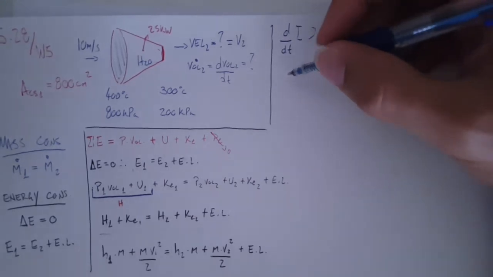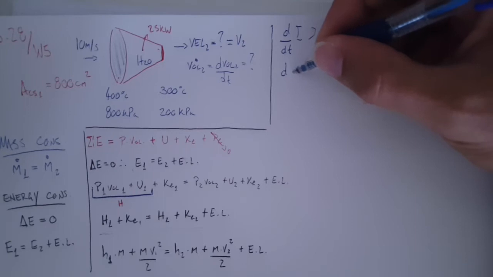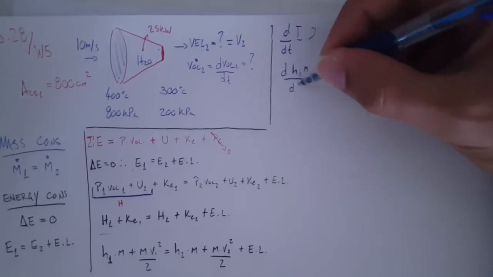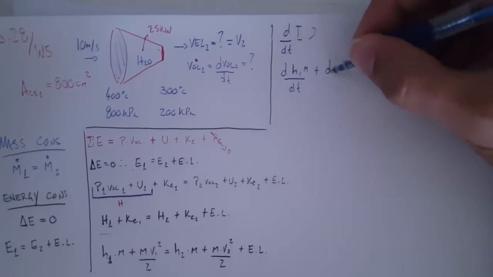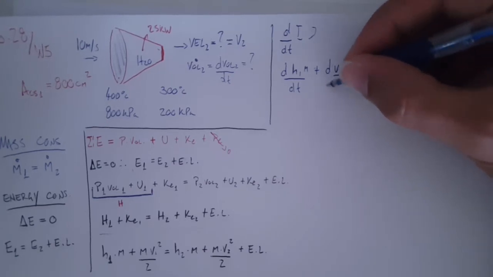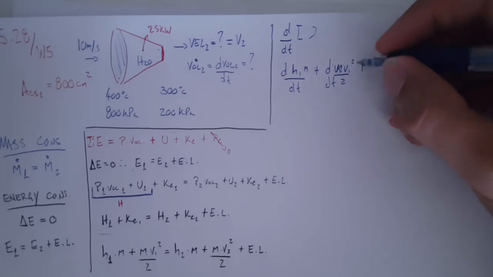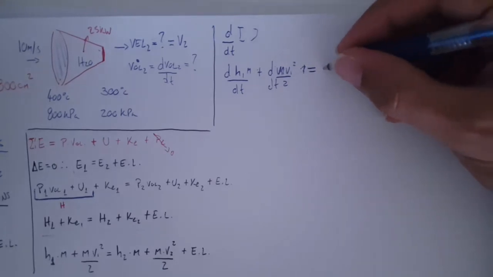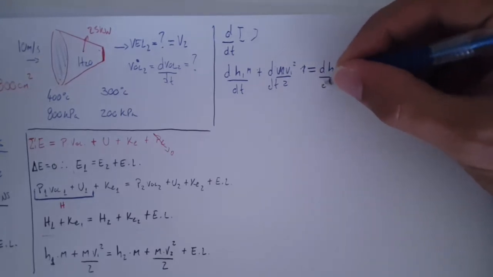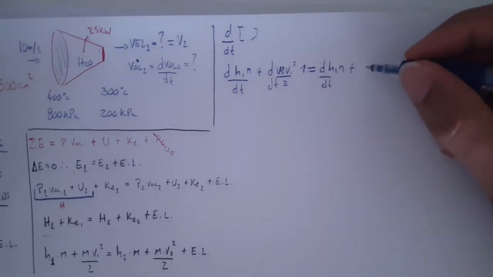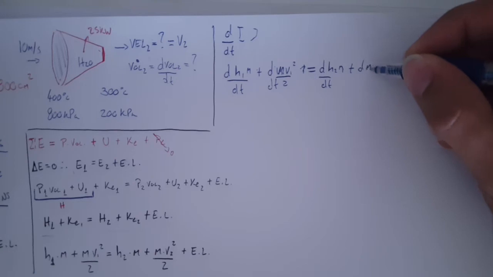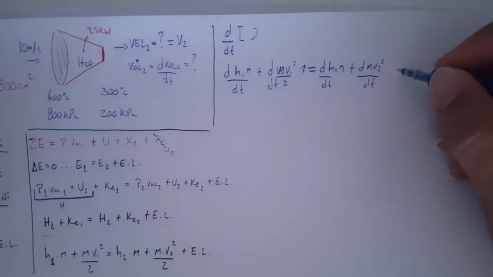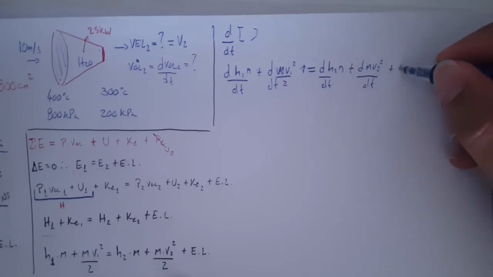So I'm going to have the derivative of h1 m with respect to time, plus the derivative of m v1 squared over 2 with respect to time, equals the derivative of h2 m with respect to time, plus the derivative of m v2 squared over 2 with respect to time, and the derivative of the energy loss with respect to time.